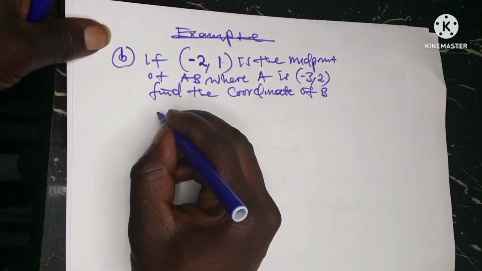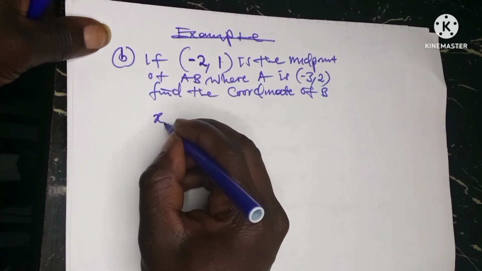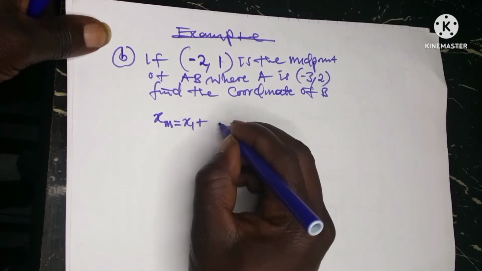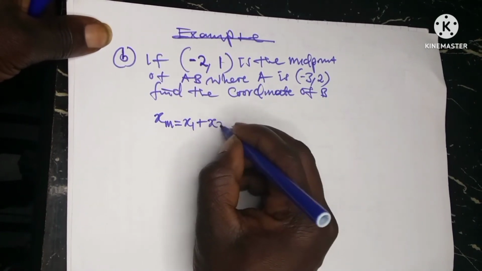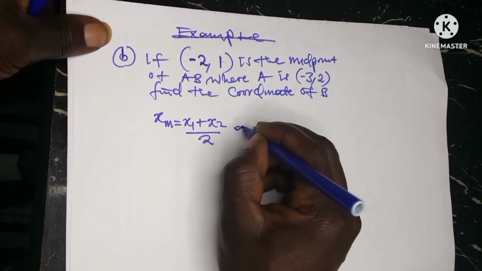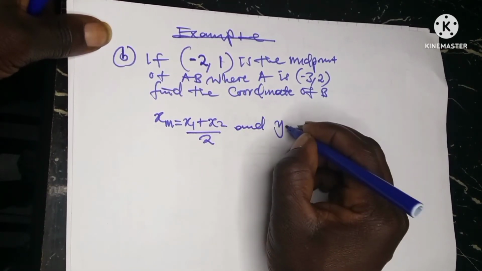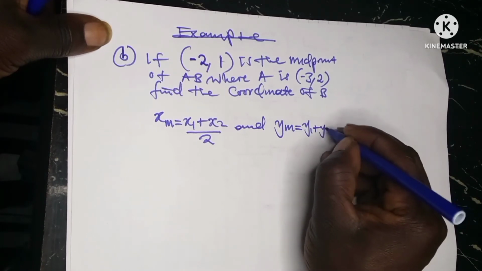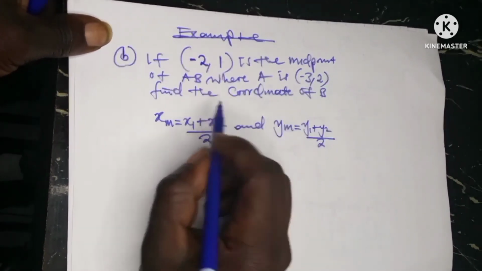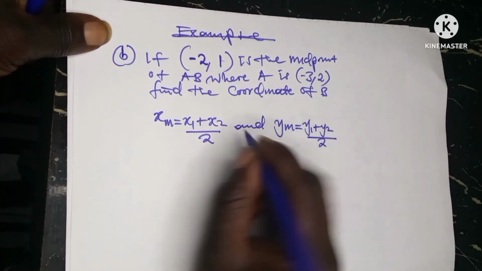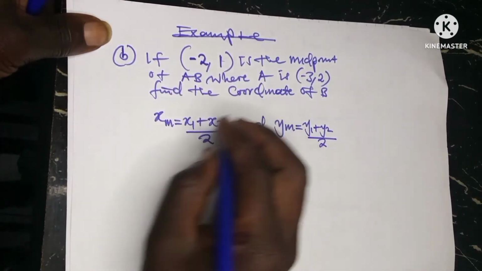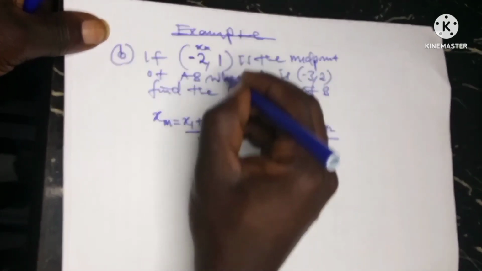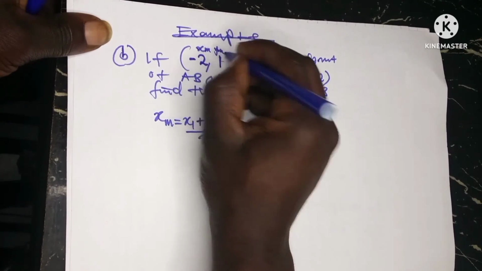It's xm equals x1 plus x2 over 2, and ym equals y1 plus y2 over 2. Since the midpoint is given, for x, xm we have 2, and ym we have 1.